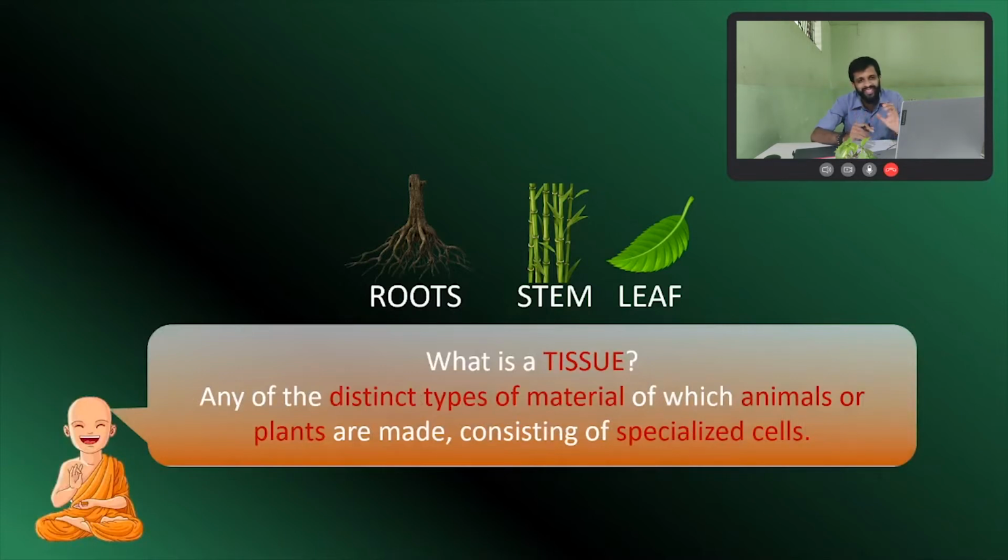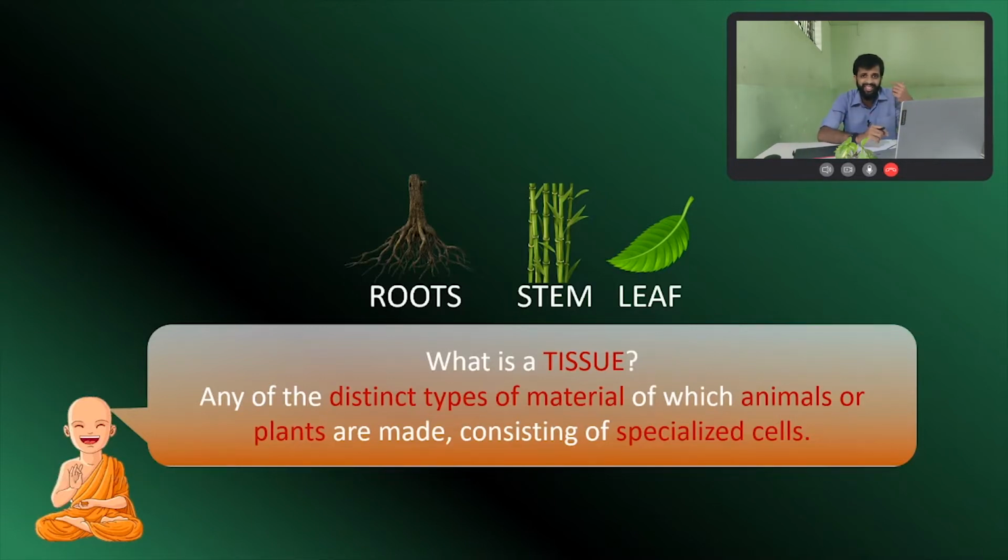So what is a tissue? Let me give you the exact definition. Any of the distinct types of material of which animals or plants are made. Here we are taking an example of a plant, consisting of specialized cells.